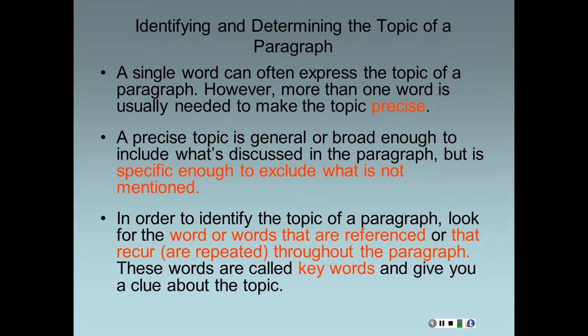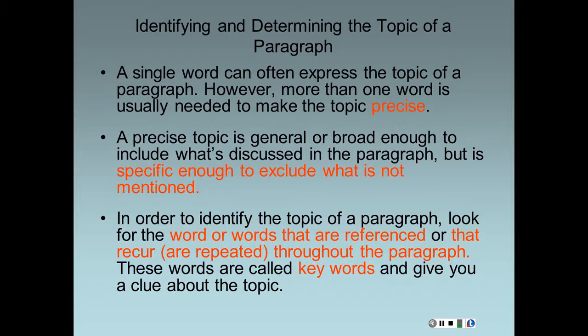A single word can often express the topic of a paragraph. However, more than one word is usually needed to make the topic precise. A precise topic is general or broad enough to include what's discussed in the paragraph, but is also specific enough to exclude what is not mentioned.